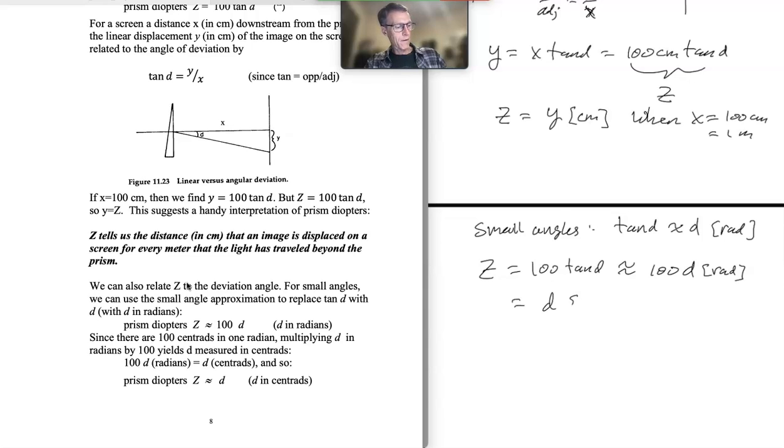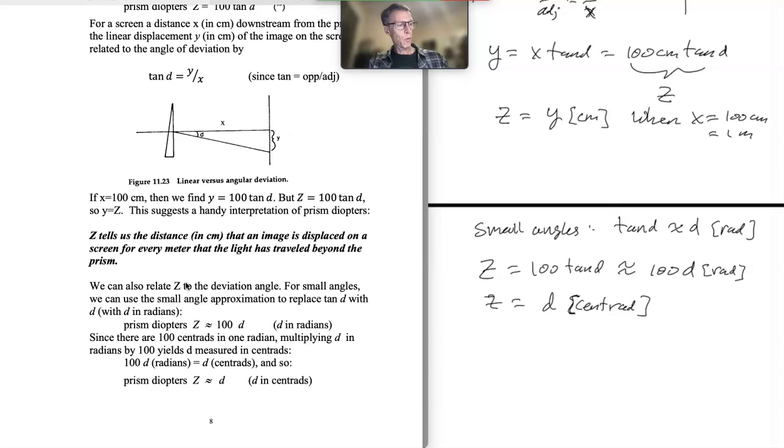So I can also write this as d measured in centrads is numerically equal to the prism power. If someone hands you a prism and says, this prism has a prism power of 16, then that's telling you that the deviation angle is about 16 centrads, or that it will deflect the beam 16 centimeters on a screen 1 meter away.